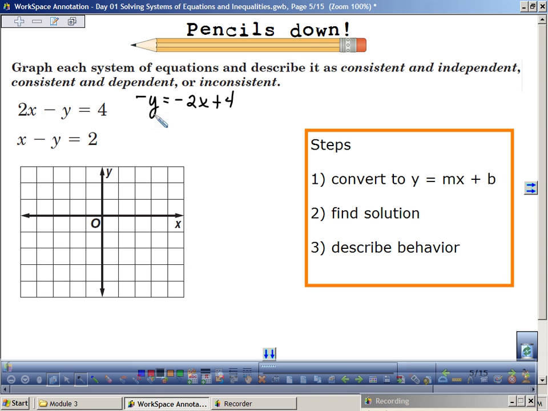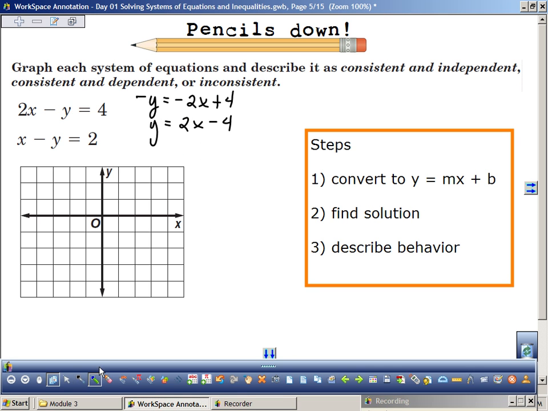Now, what would I do? Divide by negative 1, or just take the opposite of everybody? If it says the opposite of y, couldn't I say the opposite of y, the opposite of negative 2x, and the opposite of 4? Pretty easy? Okay.